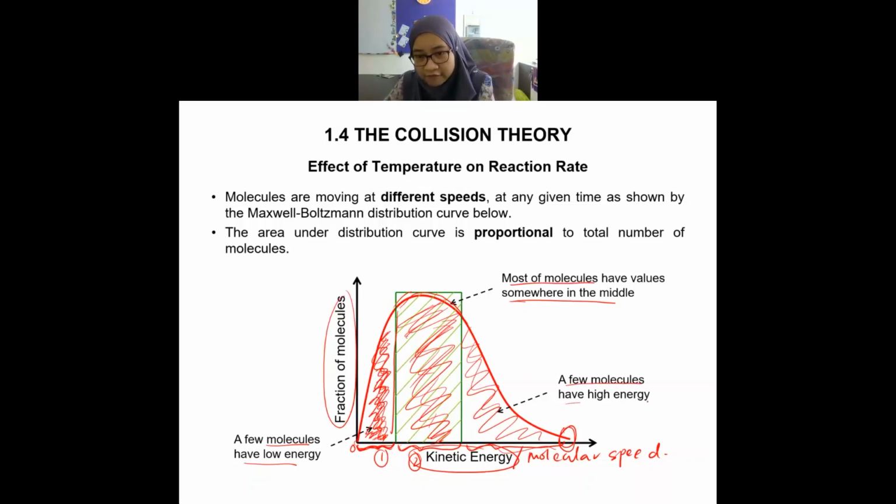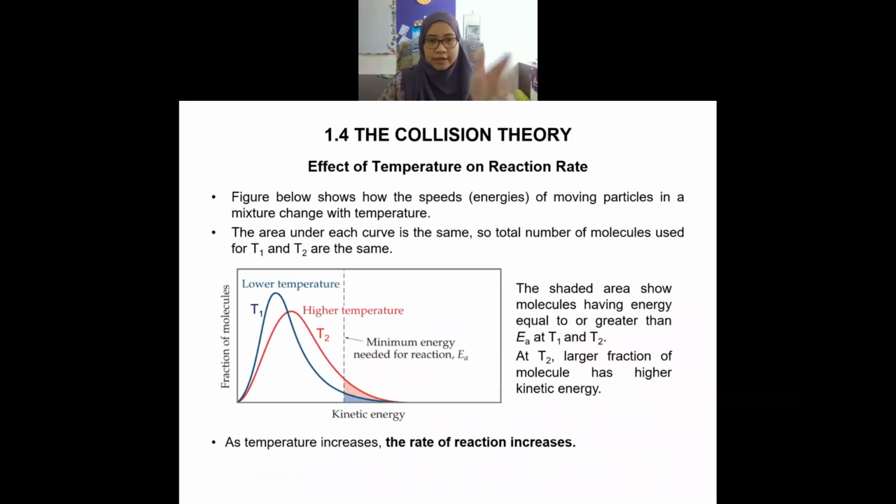A few molecules have high energy because the area below the graph is not that much compared to the area in the middle, the green colour. Remember, the area under the graph is proportional to the total number of molecules.